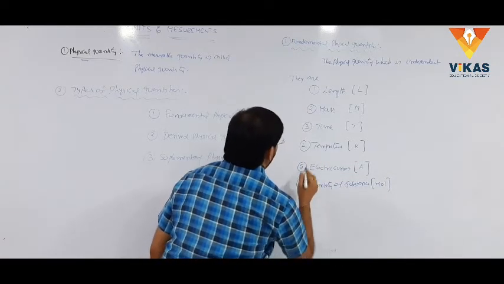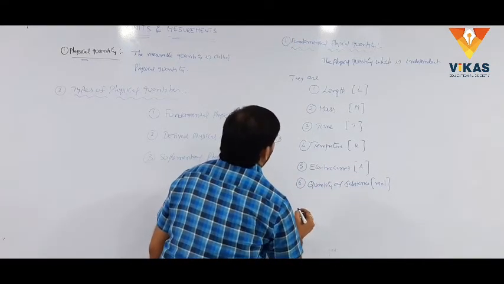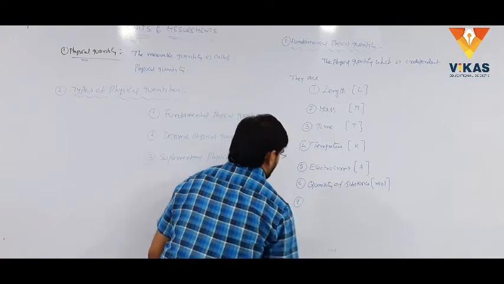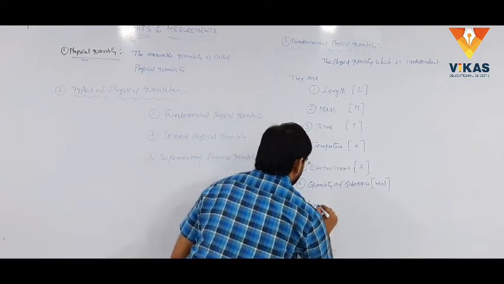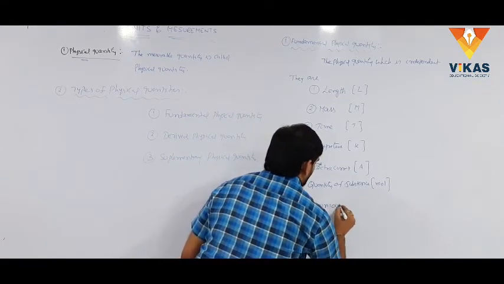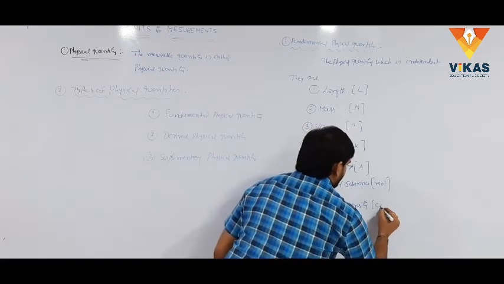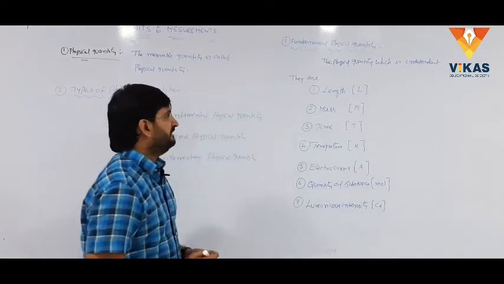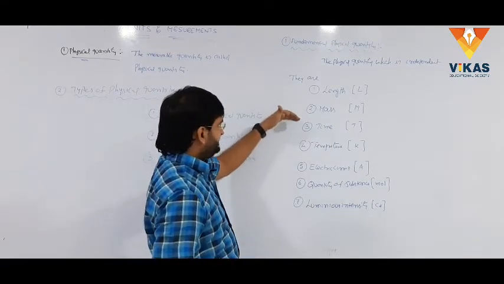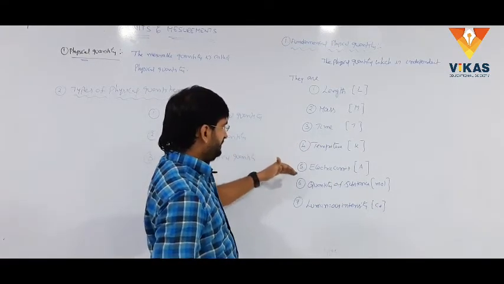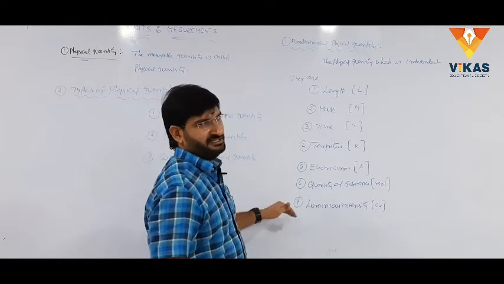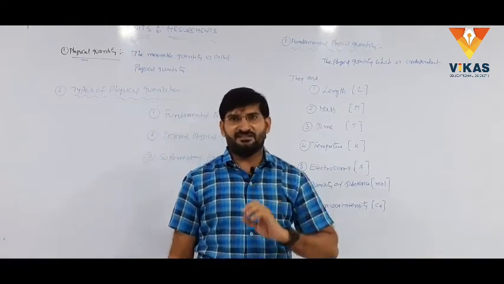And seventh one is luminous intensity, which is represented in candela. Length, mass, time, temperature, electric current, quantity of substance, luminous intensity. These are the fundamental physical quantities.